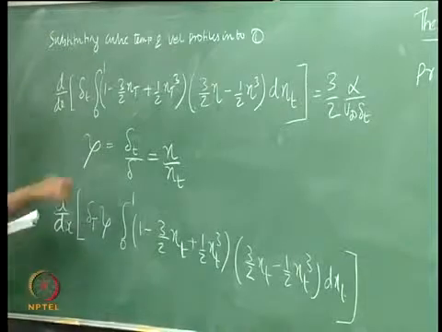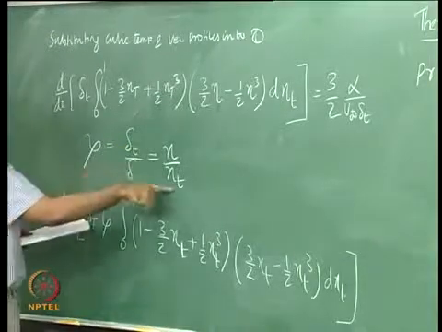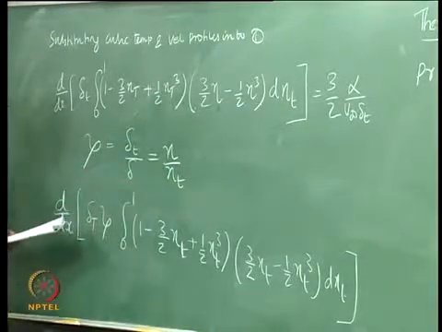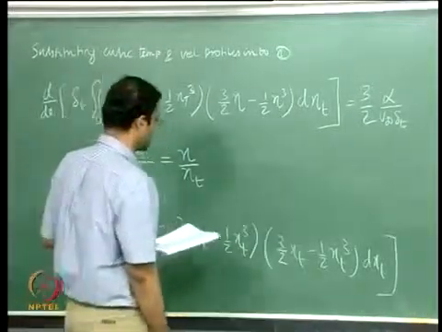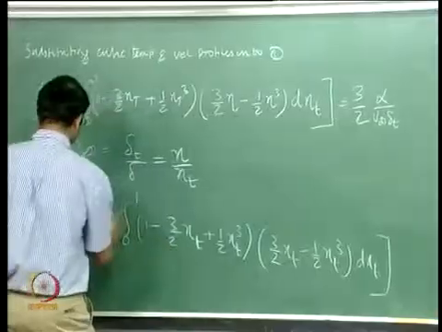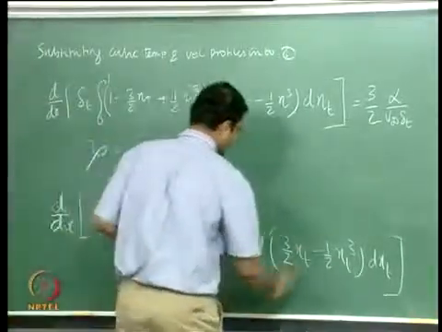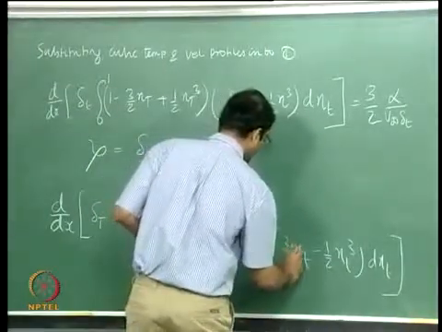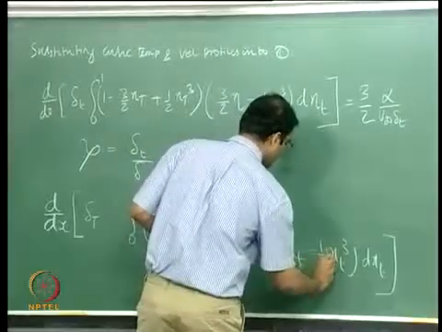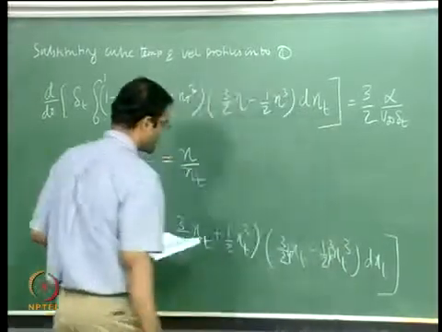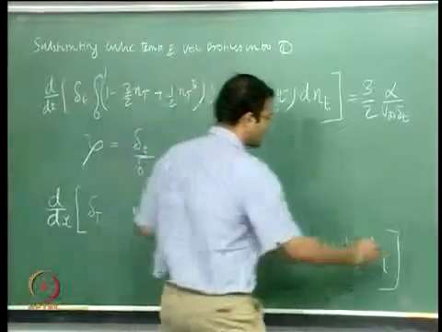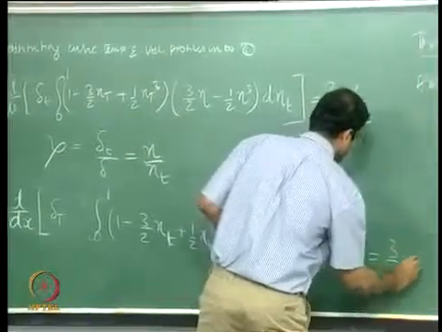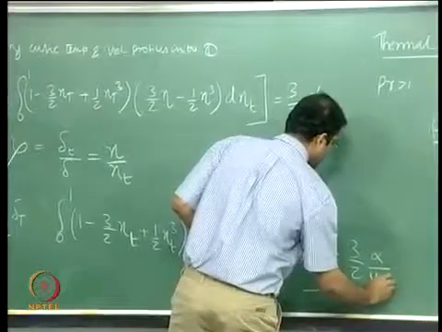I am just substituting eta as zeta into eta t. So this should actually be zeta cube here. I just skipped one more step. On this side you can retain the terms as they are.